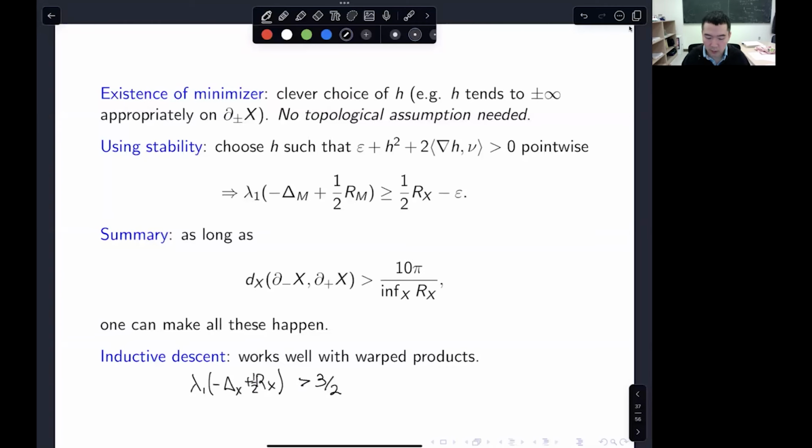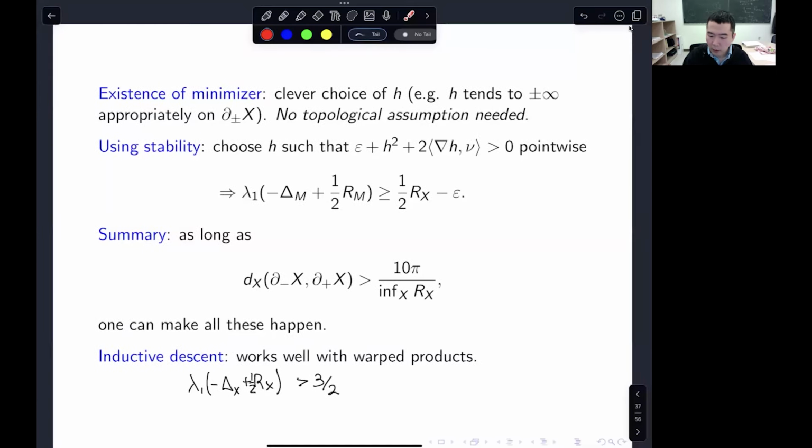So let's say this is one condition that's inherited from the inductive descent argument: lambda1 of minus Laplacian plus 1/2 R is larger than some positive constant. Then you can also do this. Warp it with the circle factor and repeat the minimization process. So each of the steps carries through.